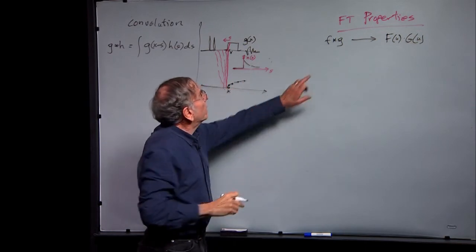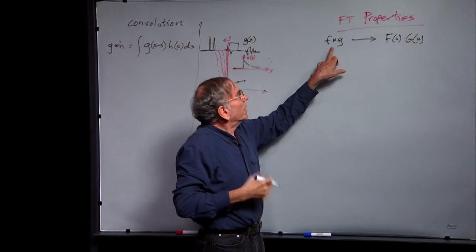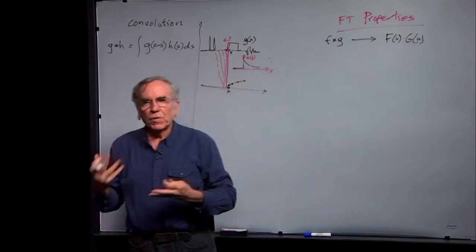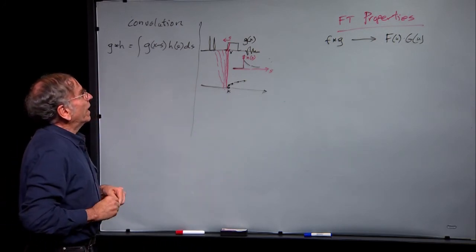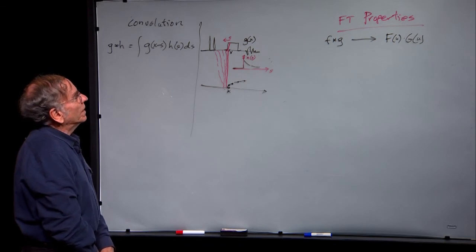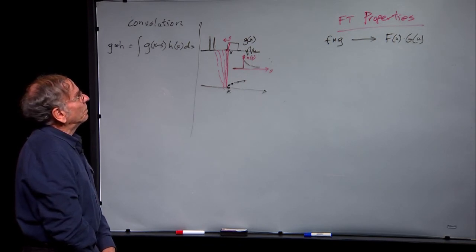So this complicated integral in the x domain becomes just a point-by-point multiplication in the u domain, and that's why this property is so beloved.